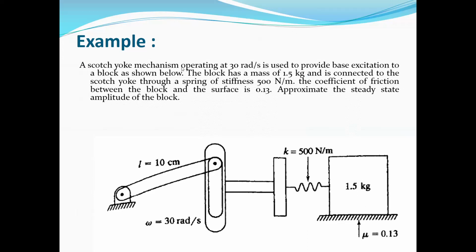So here we deal with a system with Coulomb damping. As you can see, the coefficient of friction is 0.13. So we can first check the condition: F naught divided by mu N must be more than 4 divided by pi. Also, here we have one spring with a stiffness of 500 Newtons per meter.